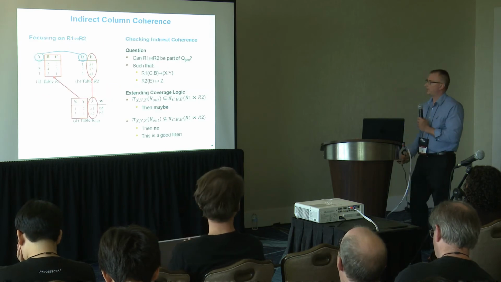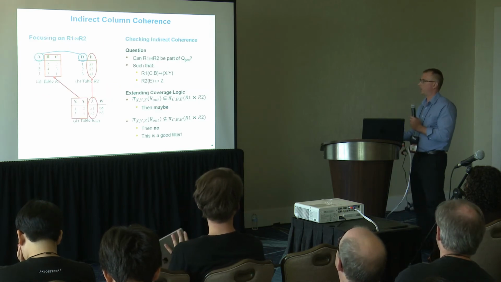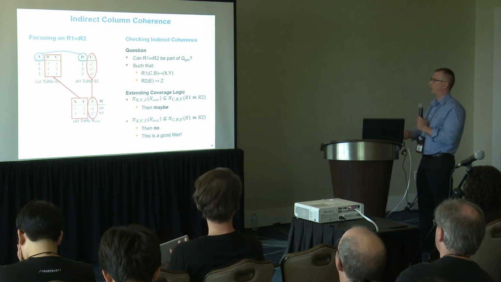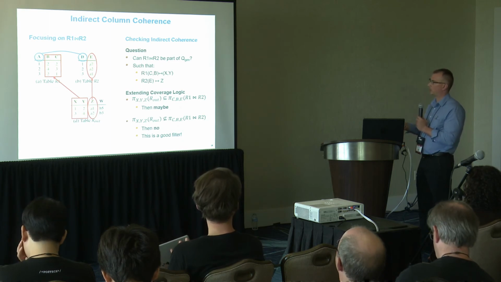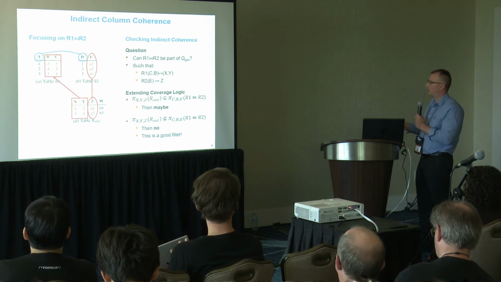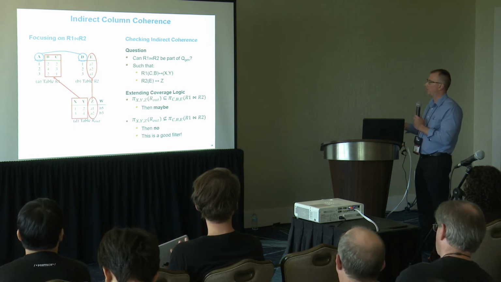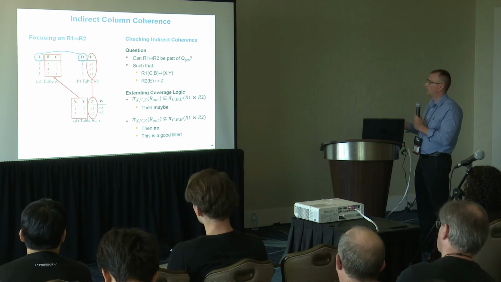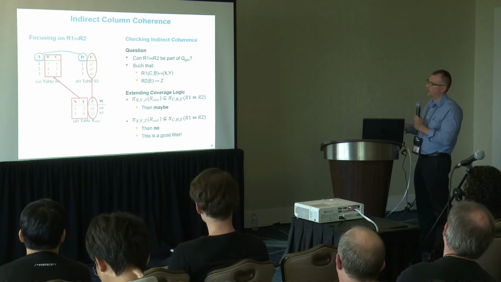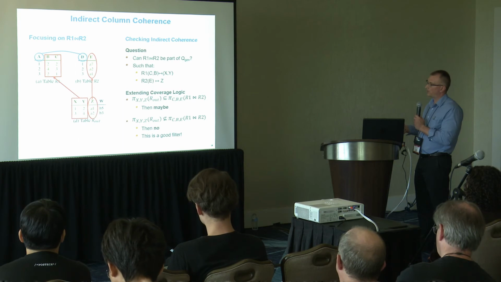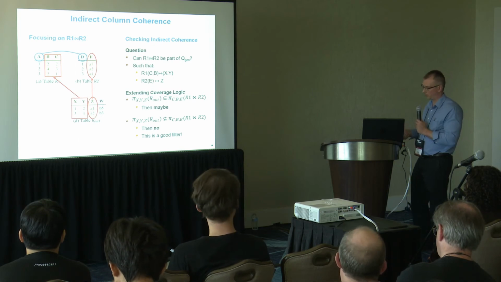We can extend this logic and say the following. If the projection of R_out on columns X, Y, Z is contained in the projection of R1 join R2 onto columns CBE, then the answer is maybe. Otherwise, the answer is no. And this condition can be used as a very good filter.